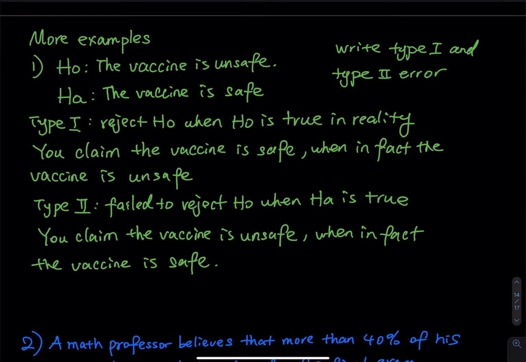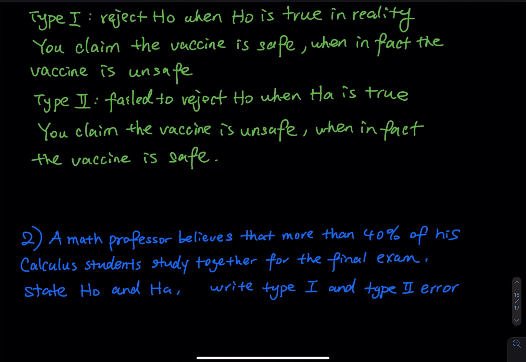Let's move on to the next one. So the next one is a math professor believes that more than 40% of his calculus students study together for the final exam. State H0 and HA, write type 1 error and type 2 error. All right, more than 40%. What is more than? More than means greater than, right? Can I put greater than in H0?